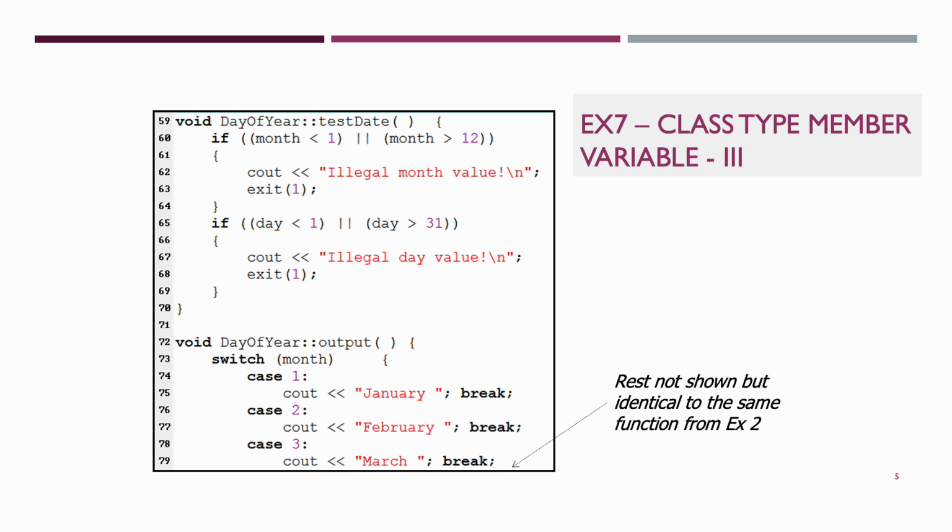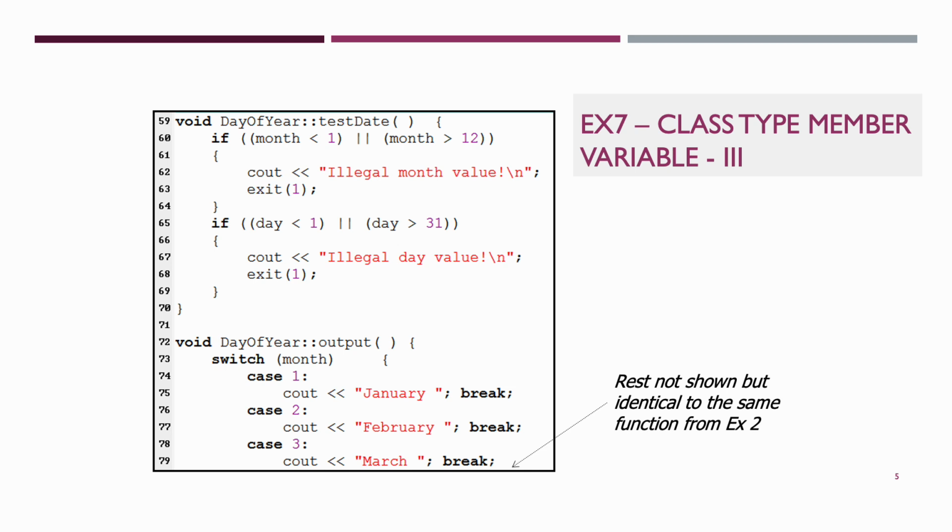And then the output method, which is designed to print the date in a human readable format. It uses a switch statement where it converts the numerical month value into the corresponding month name, so that it will be easier for humans to understand the date format. We have several more cases, so the rest is not shown here.